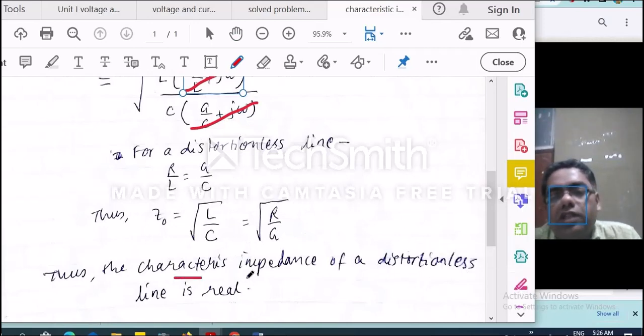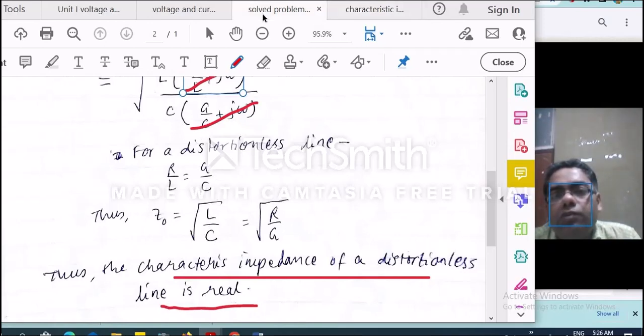We can say that the characteristic impedance of a distortionless line is real.